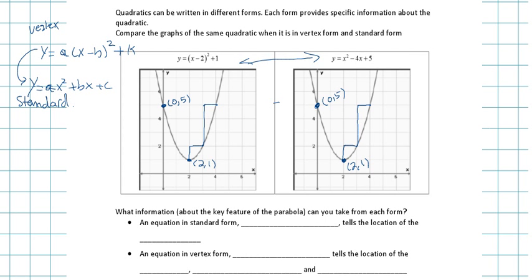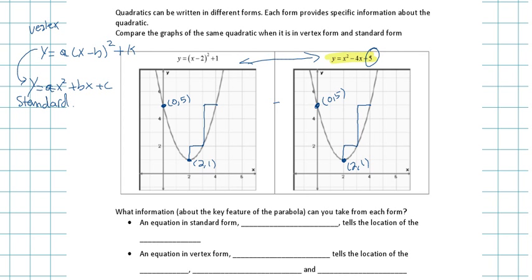Okay? Any of the key features, so the y-intercept, the vertex. So look at this. And look at the graph. The y-intercept is 5, the 5 at the end. So you're telling me that this 5 is the y-intercept.